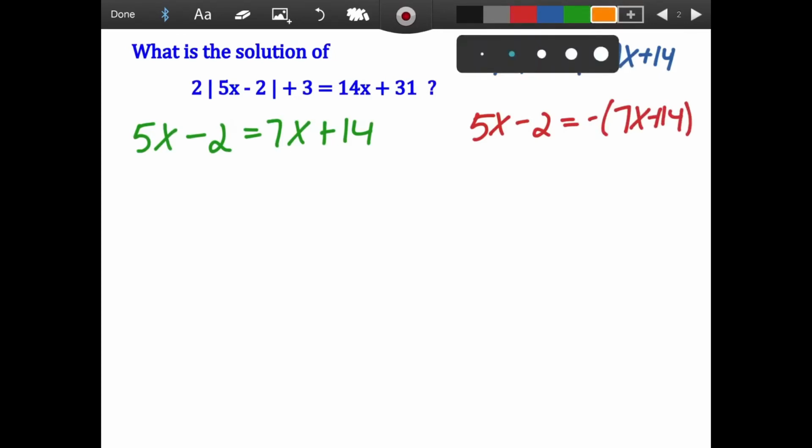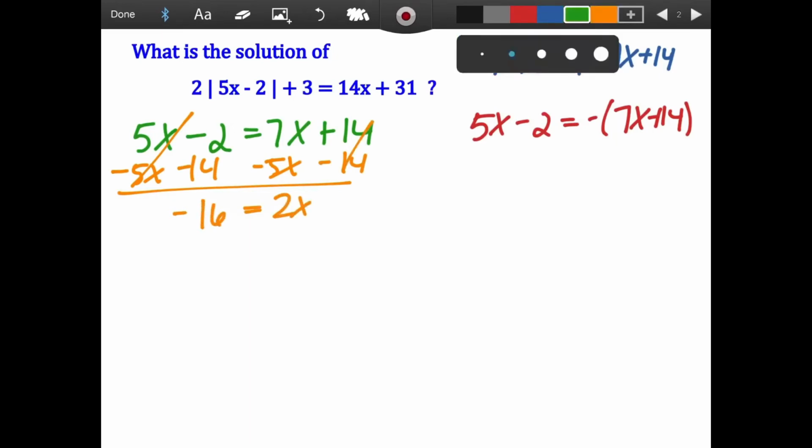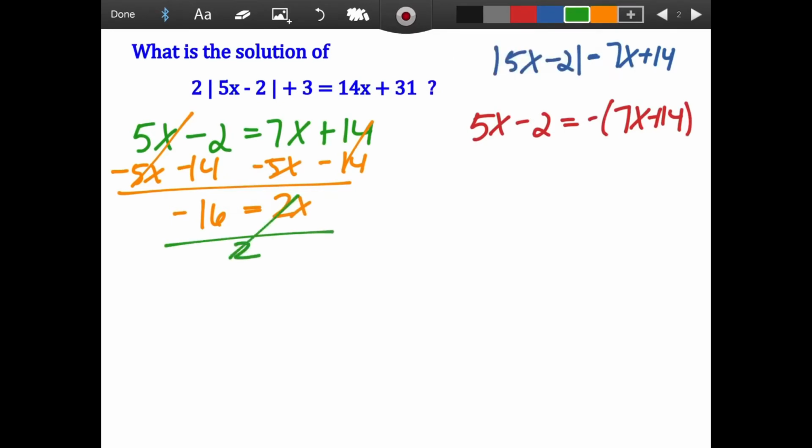On the left side, we're going to subtract 5x from both sides to get our variables on the right, and subtract 14 to get our constants on the left. When we do that, we're left with -16 is equal to 2x. To solve for x, we're going to divide both sides by 2, and we're left with x is equal to -8.